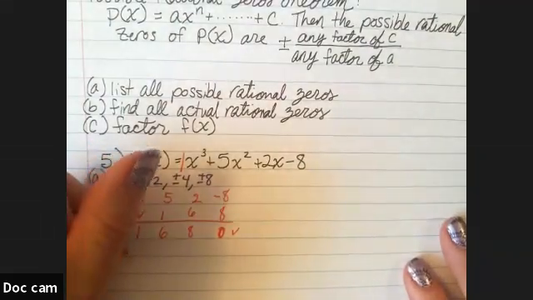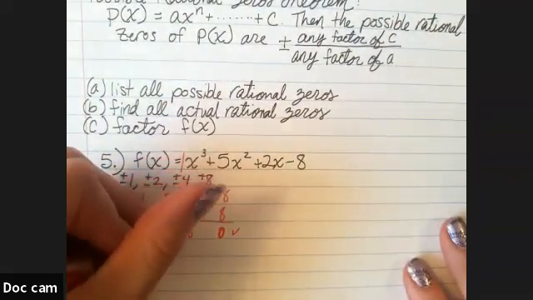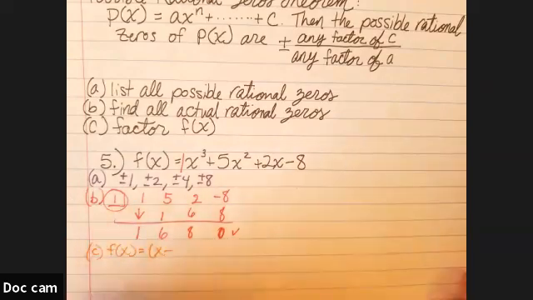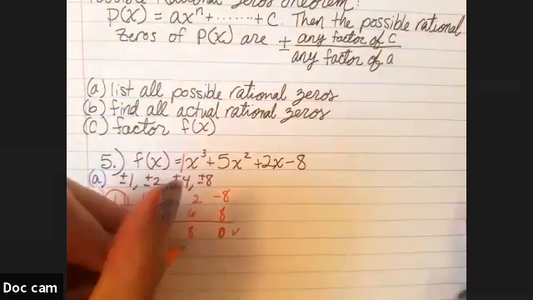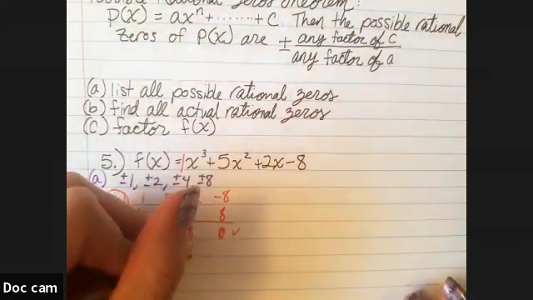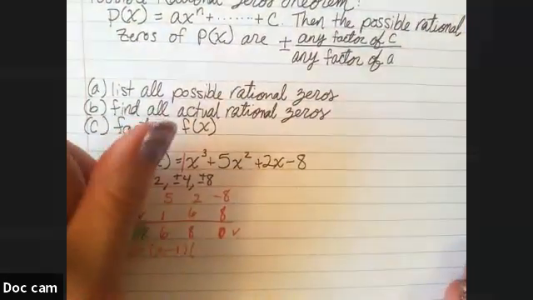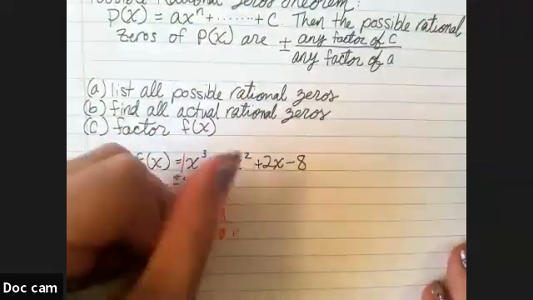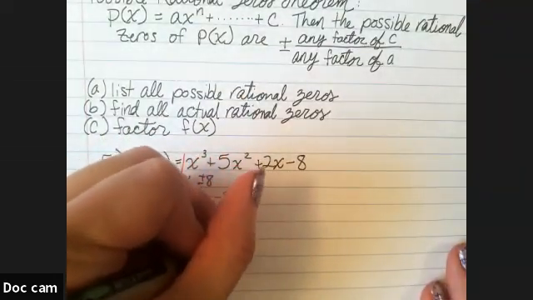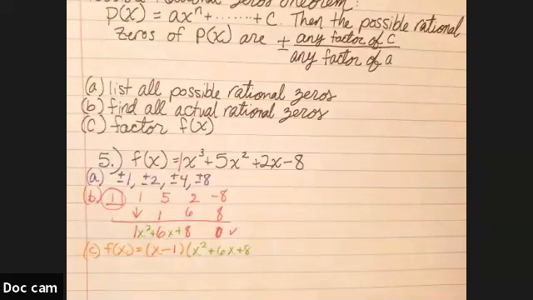So f of x equals x minus 1, because 1 is a 0, we know that. And then we're left with x squared plus 6x plus 8. That part should be pretty easy to factor, I think.